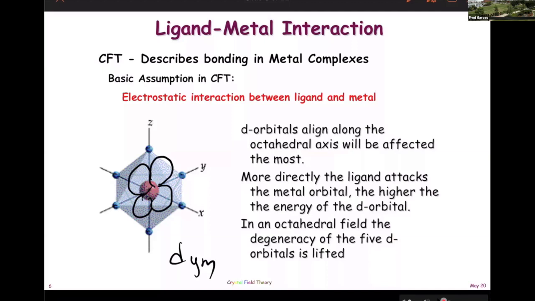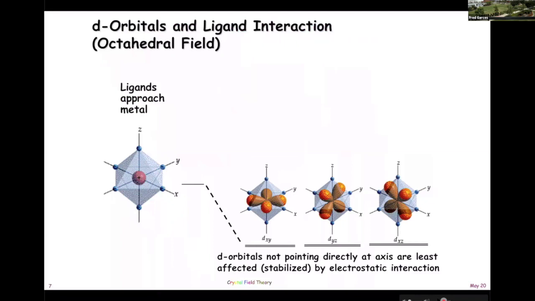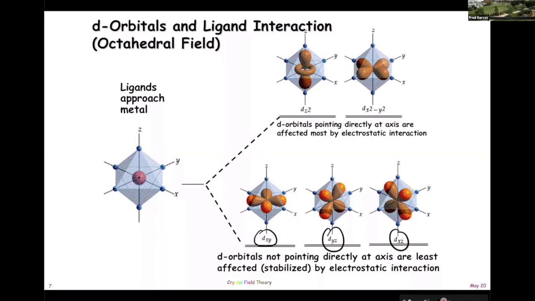It's only the orbitals that are pointing directly at the ligands that are going to be affected. And so that's how you get this splitting pattern, in which the dxy, dxz, and dyz orbitals, which point between the ligands, are lower in energy compared to these orbitals which point directly at the ligands. And so what we have is a 2-3 split. If you play basketball, it's like a 2-3 zone.